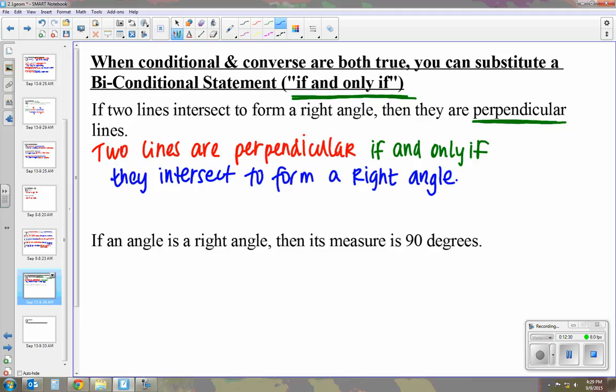And let's practice it with the second one. If we read this, it says if an angle is a right angle, then its measure is 90 degrees. Okay, so we're talking about a right angle here. We're talking about the definition of a right angle, so we can start off with that.